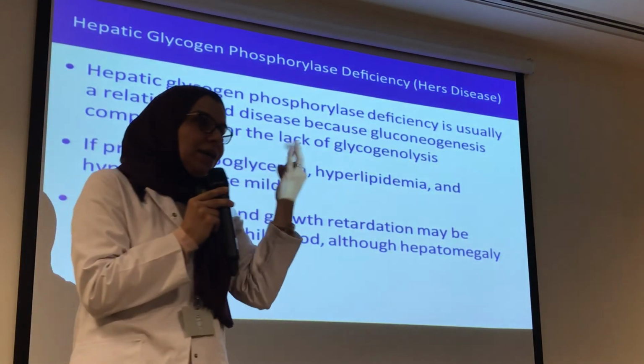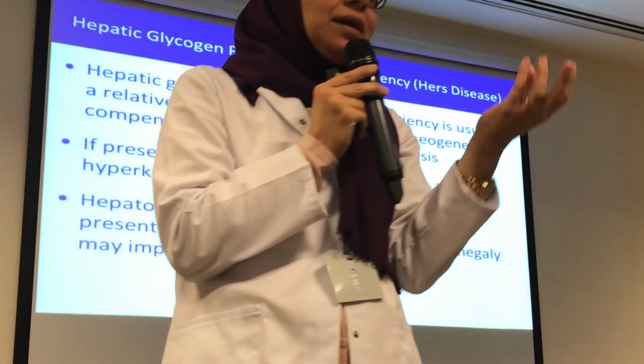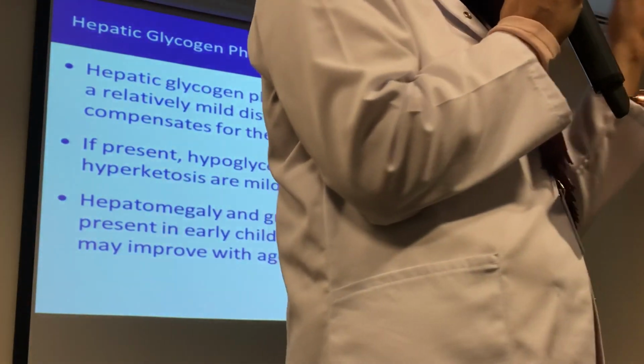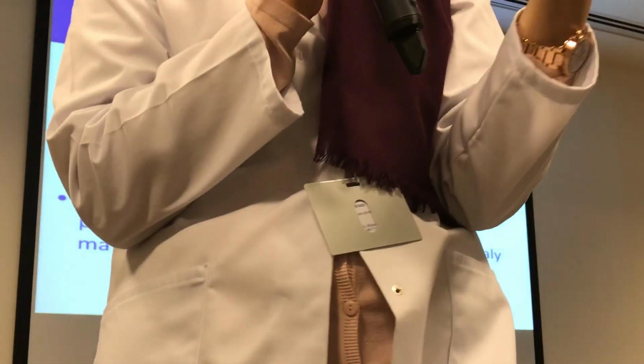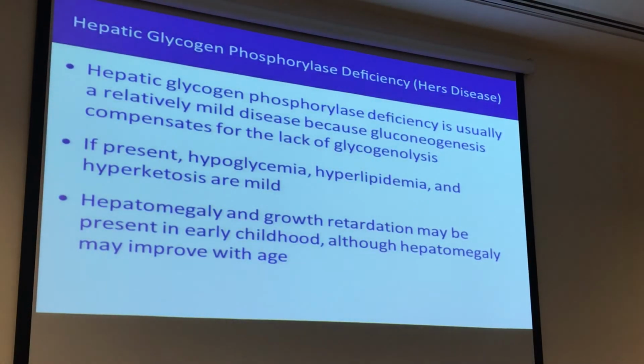In von Gierke, even in gluconeogenesis, any glucose made in the liver cannot be released, because they don't have the phosphatase. Remember, the phosphatase is needed to remove the phosphate from the sugar. So any glucose in the liver, we need to dephosphorylate to release it.